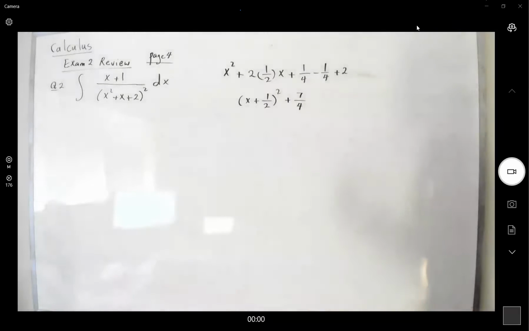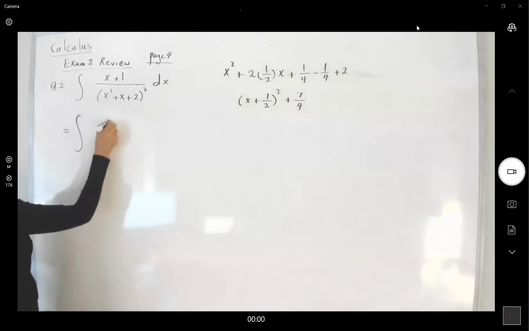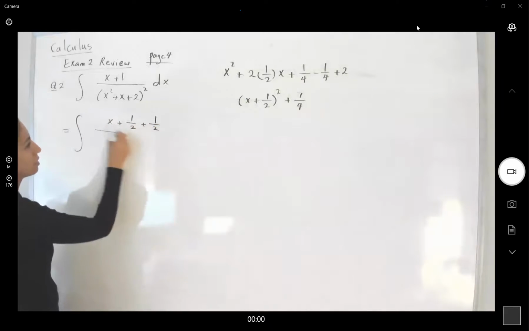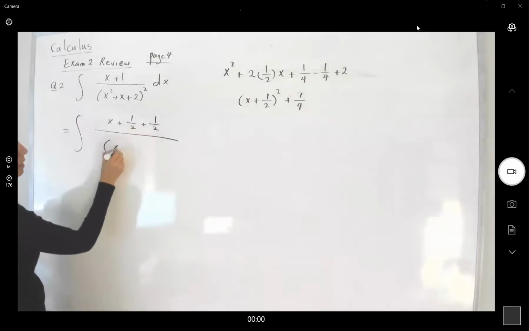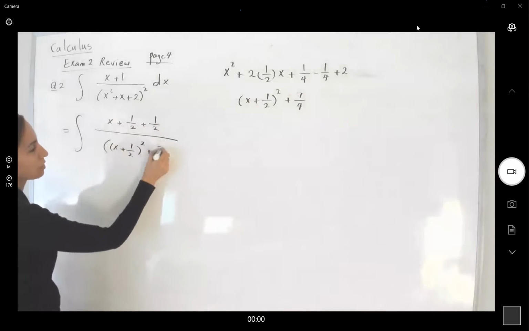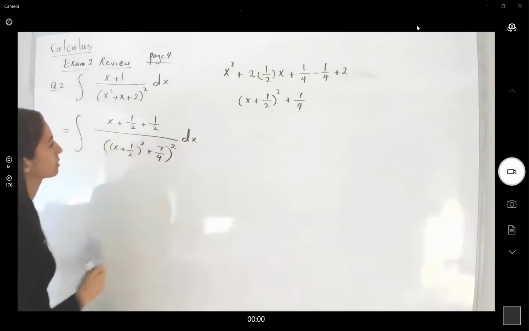So we can complete the square here. And this is equal to the integral of x plus a half divided by x plus a half squared plus 7 over 4 to the second, dx.